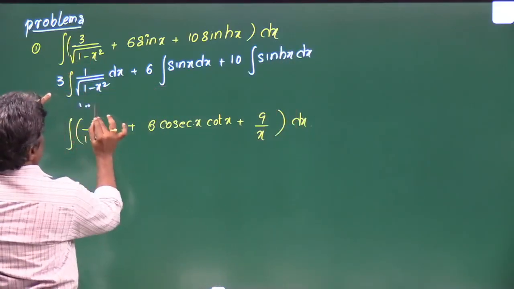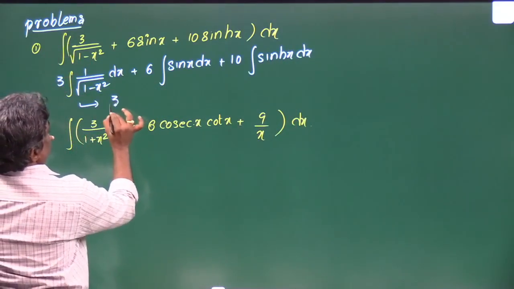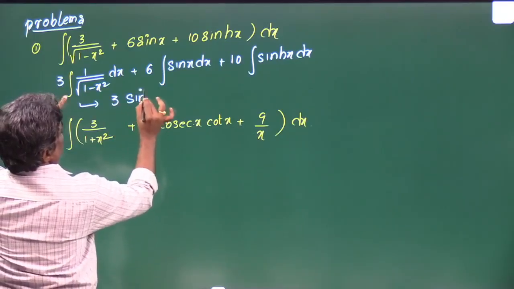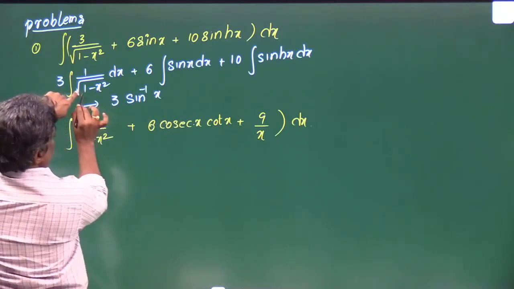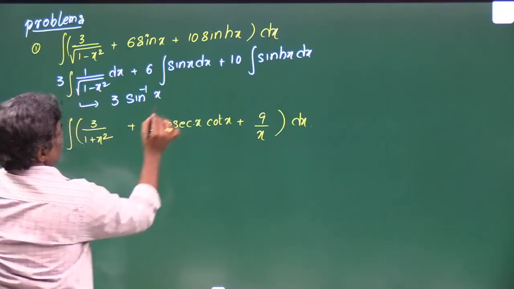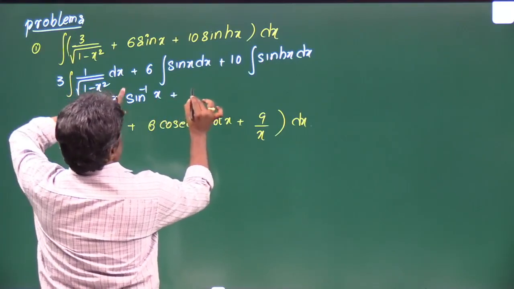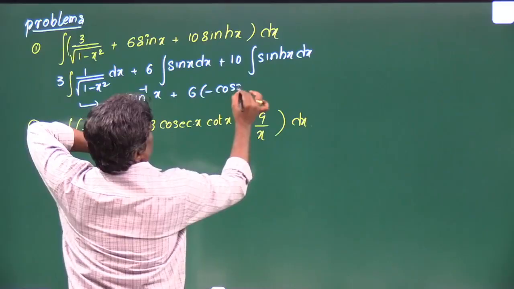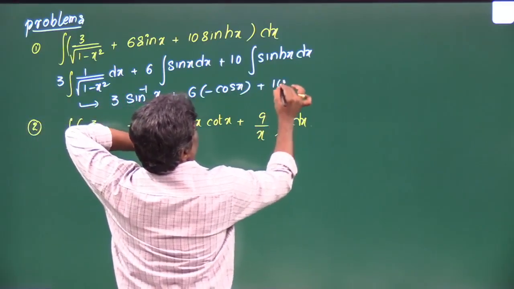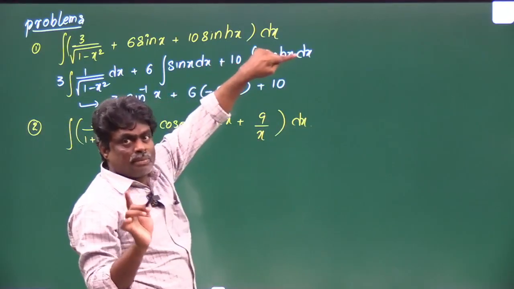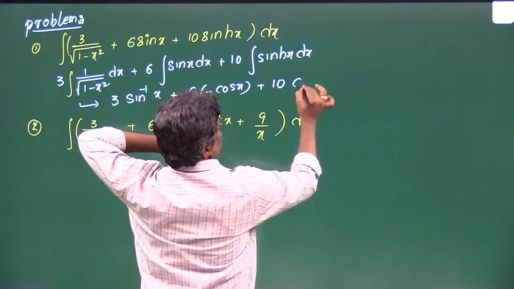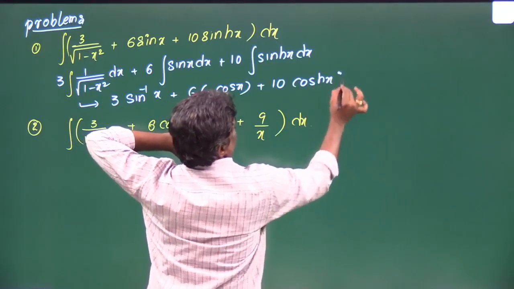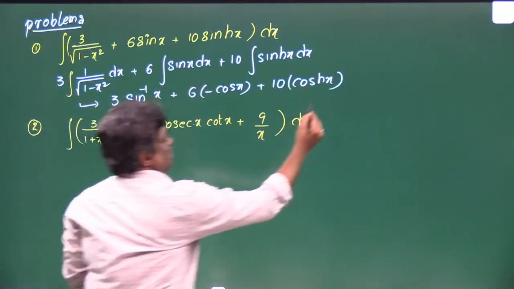So just now we have discussed, if a plus is there, please take sin inverse x by a. Here it is a square, that is a 1, plus 6, this is the sin x integral, that is minus cos x, plus 10 sin hyperbolic, cos hyperbolic, both are plus only answers. So that's why cos hyperbolic x, plus c, of course.